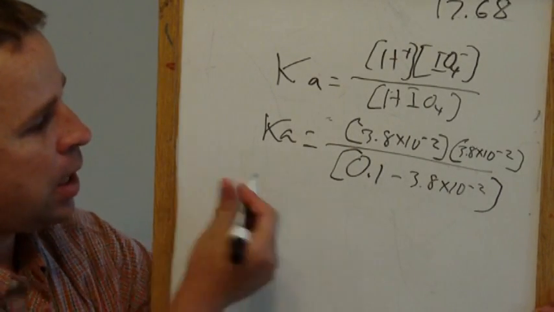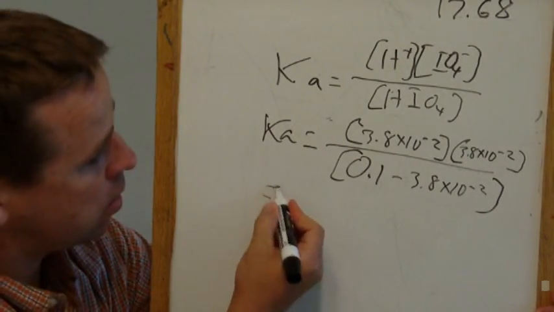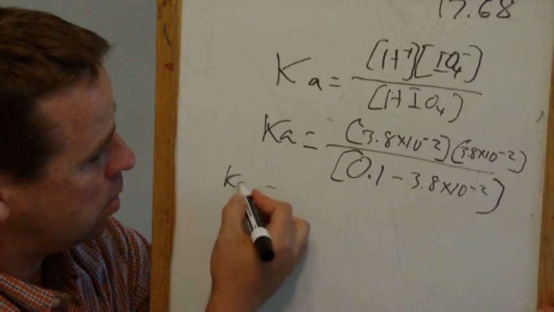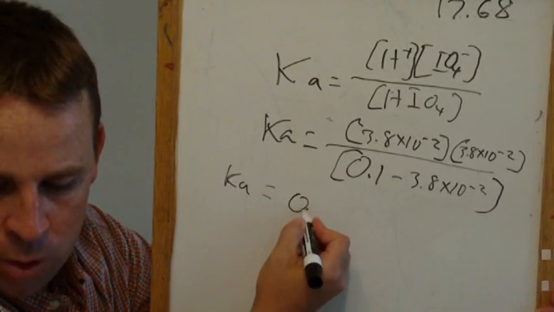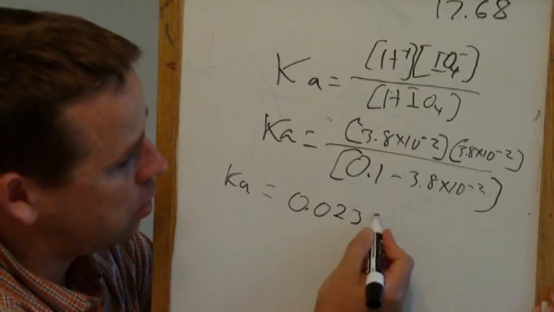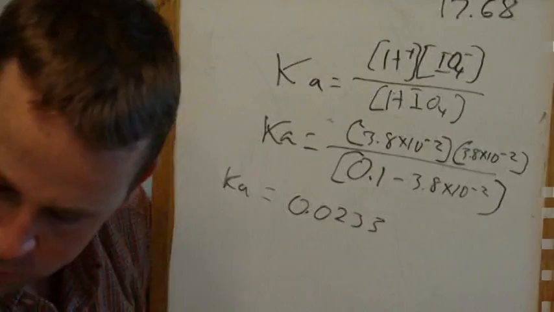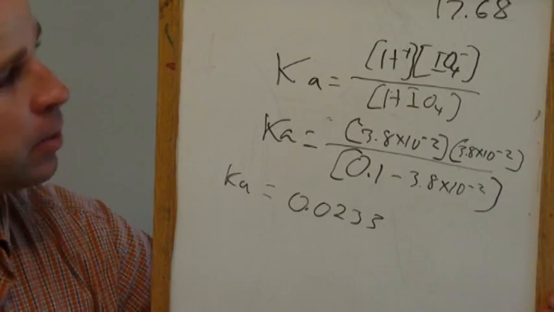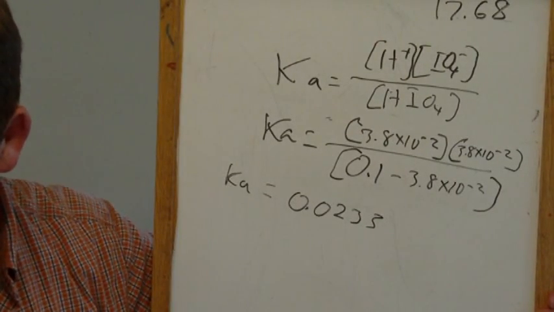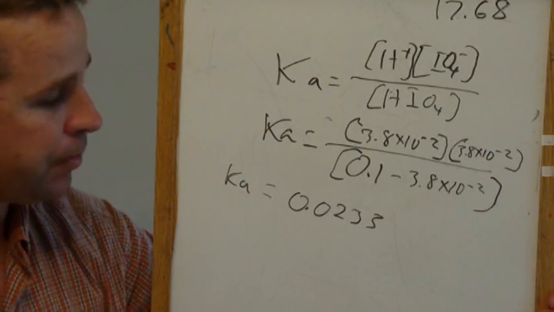All right, so Ka looks like it's 0.0233. And so that's how we calculate the Ka. Let's see if we're right on that one. 1768. 2.3 times 10 to the minus 2.